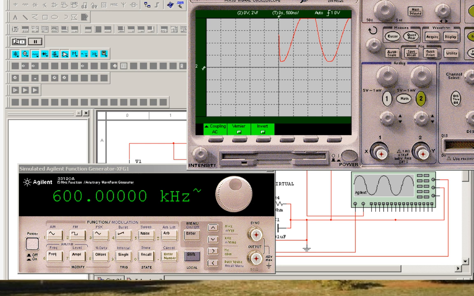Auto scale, mode coupling, cursor. I don't know why it's not going back like it used to.